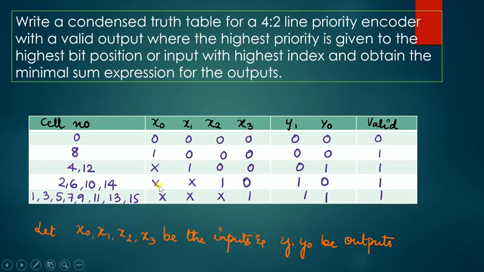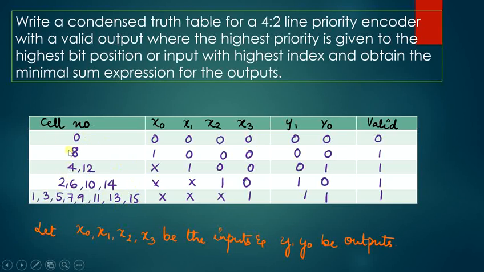This would have been 0 0 1 x. This would have been 0 0 0 1. Output will not change, but the representation will change here. And not only that, when this changes, accordingly your cell numbers will change, your decimal notations will change, and your simplified SOP or the minimal sum expression for the output will change.